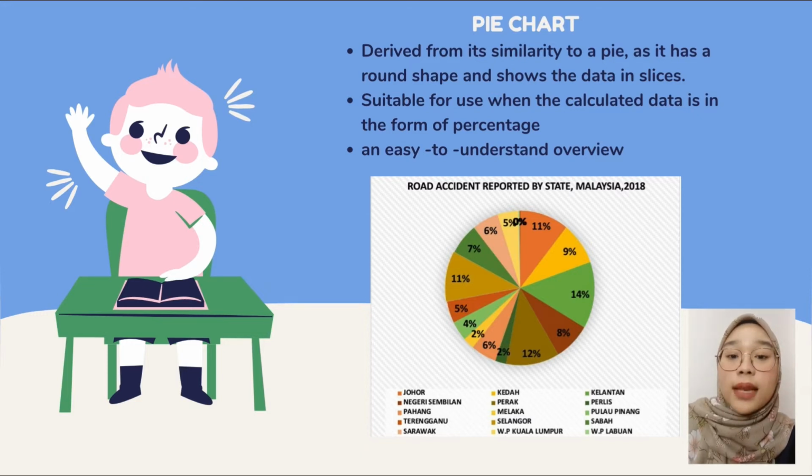For Negeri Sembilan it is 8%, equivalent to 1,158 people. For Perak it is 12%, equivalent to 1,669 people. For Perlis it is 2%, equivalent to 353 people.